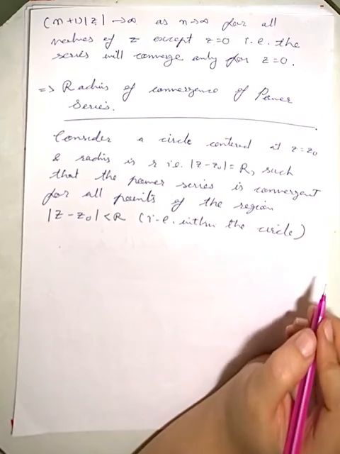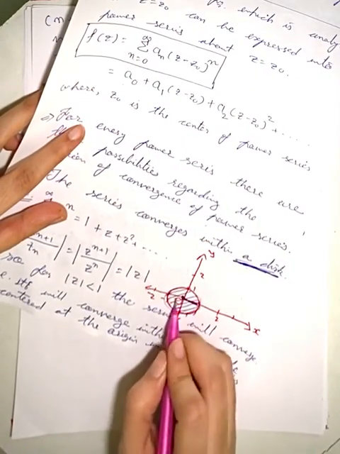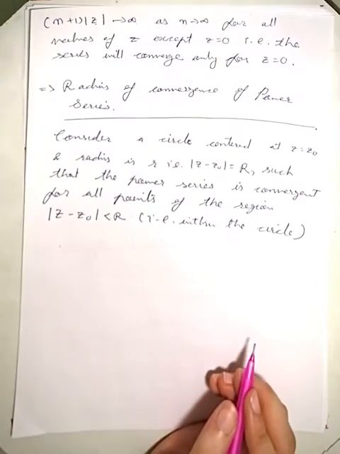If this is the radius, then it is convergent within R, that means inside the circle, not outside.